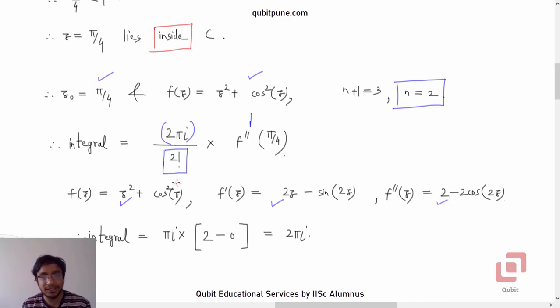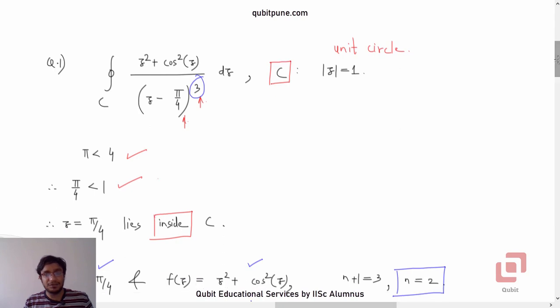First derivative of cos squared z is 2 cos z into minus sin z, which is minus sin 2z, double angle formula, and again differentiate this, you will get minus 2 cos 2z. Substitute z as pi by 4, and because cos pi by 2 is 0, the integral's value is going to be 2 pi I, because the first term is 2 and the second term is 0. So this is how you apply the general version of this formula.